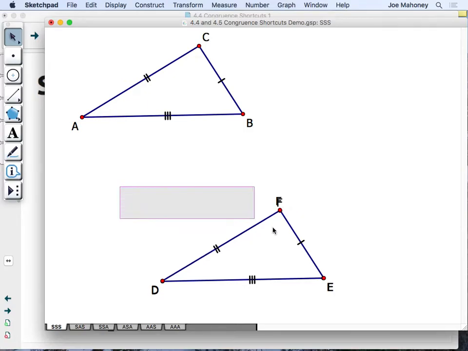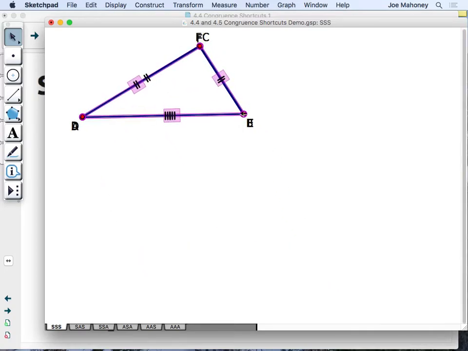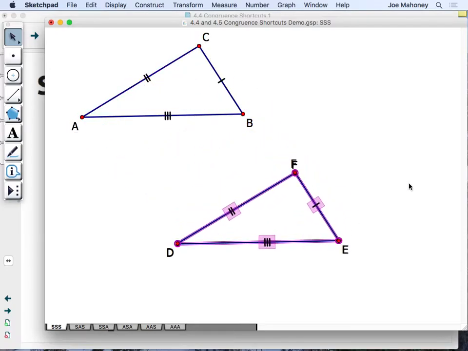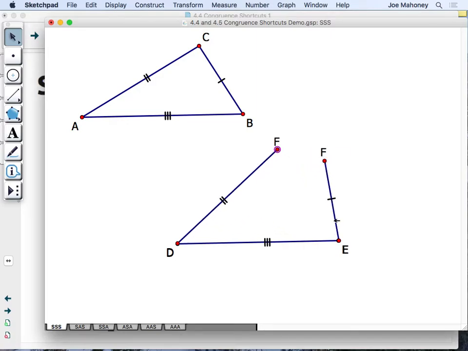Now, if I drag this triangle over here and pop it up on top, it looks like they're exactly the same size. All the angles are the same size. All the sides are the same size. And I can't build another triangle. I mean, granted, I can take this maybe and put it over here, but that doesn't make sense because now I'm putting point E on point D. So side, side, side is a valid shortcut.